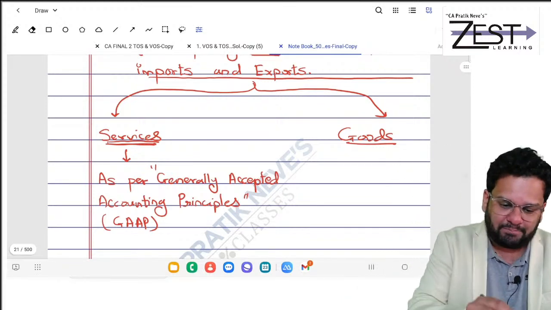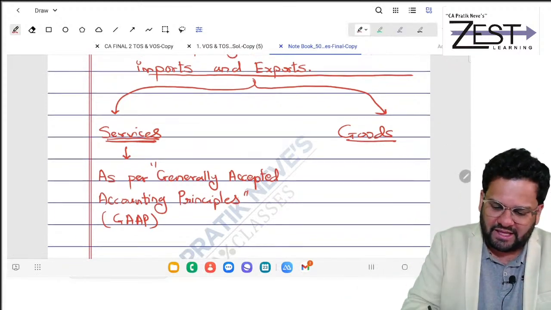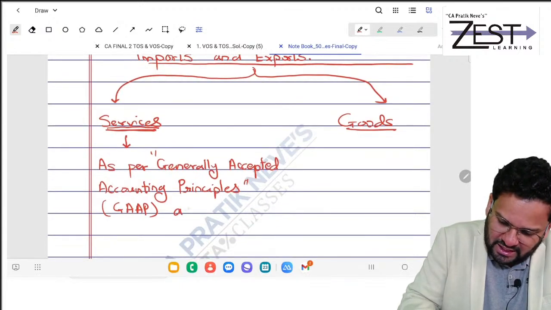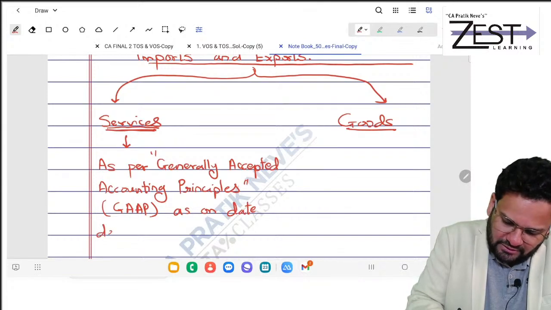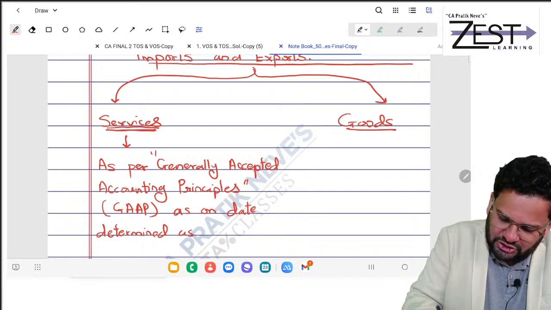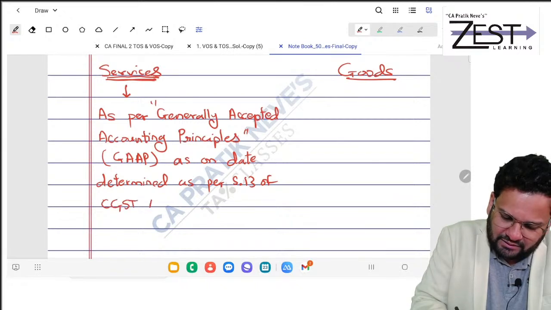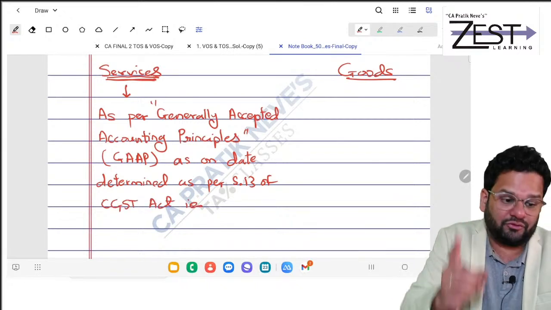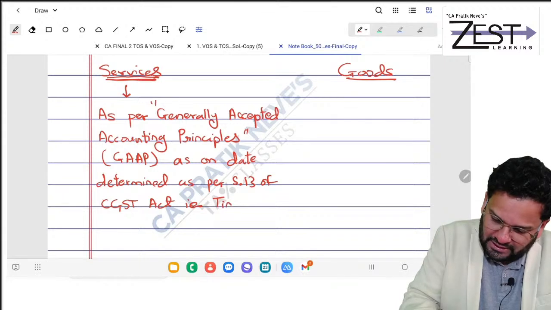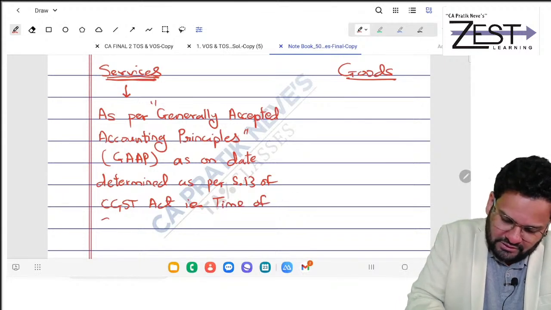So as per generally accepted accounting principles, as on the date determined as per section 13 of the CGST Act, that is time of supply.